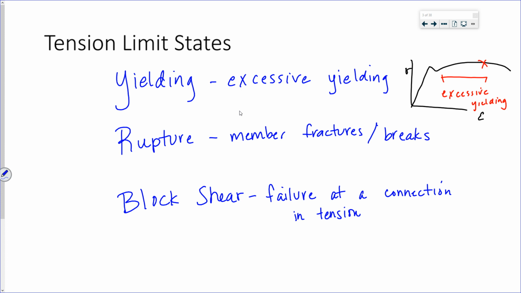So two are associated with tension members by themselves. The last one is failure at a connection that has a member in tension.